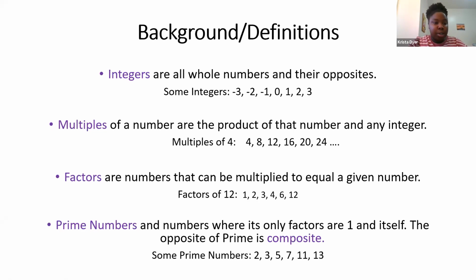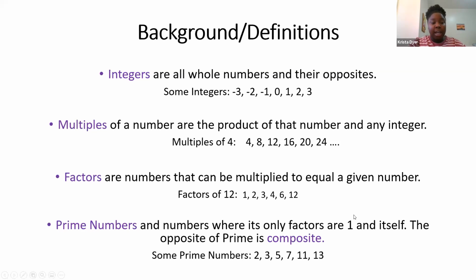Multiples of a number are products of that number and any integer. So for example, if we want multiples of 4, we can take 4 and multiply it by any integer and get multiples of 4. For example, 4 times 3 is 12, therefore 12 is a multiple of 4.